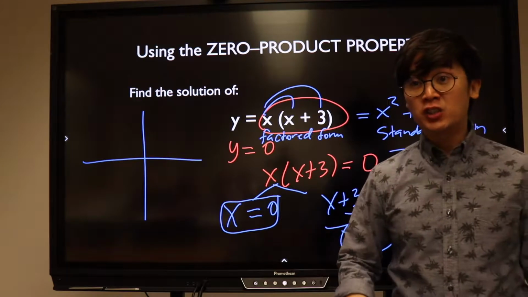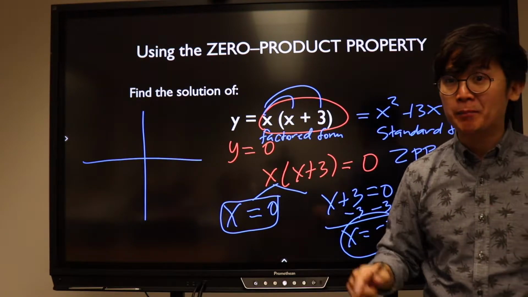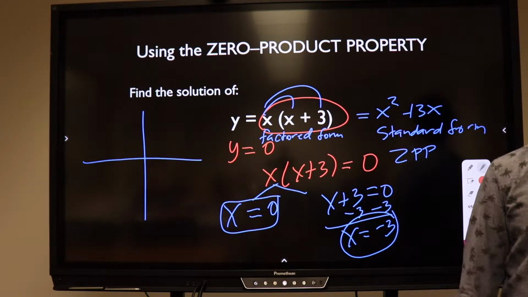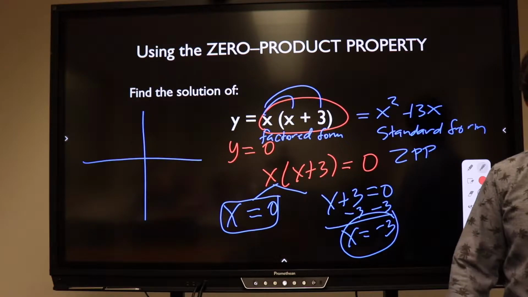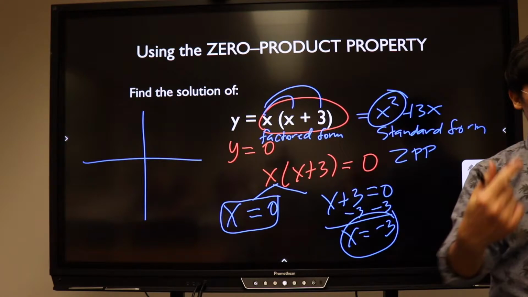When you're looking at the factored form, guessing if the parabola is opening upward or downward can be a little bit challenging. But if you change it into the standard form, can you now confidently say how it's opening? Upward, because the quadratic term is positive.